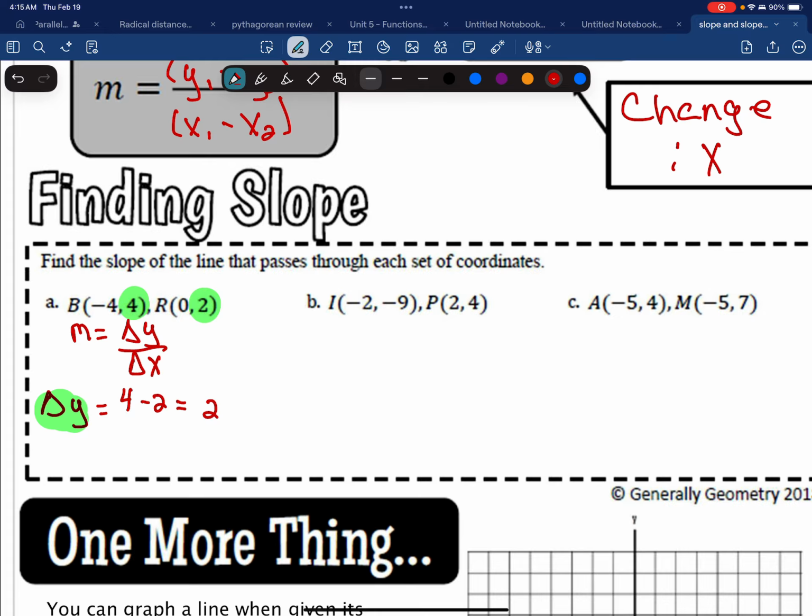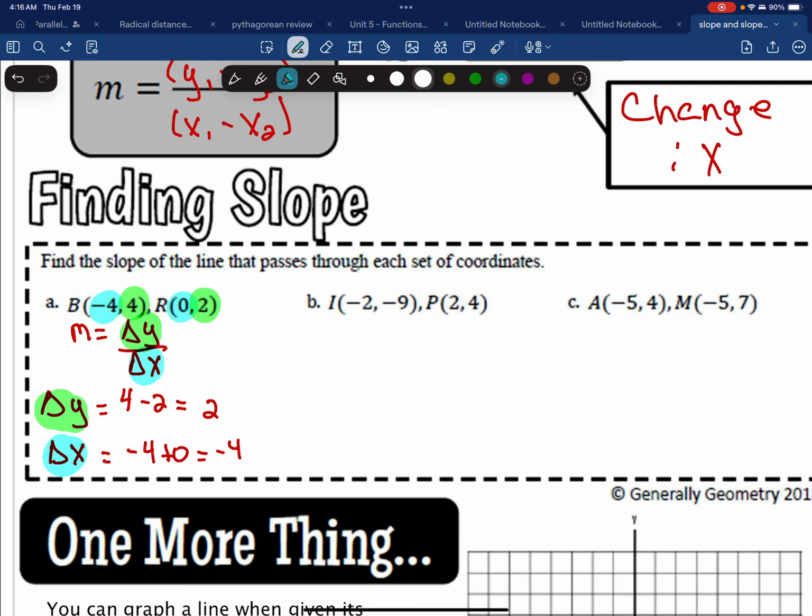Then we want to look at our change in x. That would be our negative 4 and 0. So change in x equals negative 4 plus 0, which gives me negative 4. Let's go back up here and simply substitute. Let's make sure we got all this. You know how I love to color code.